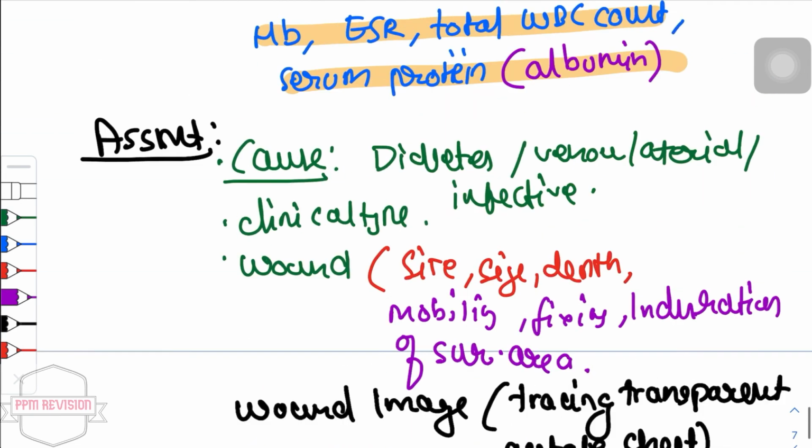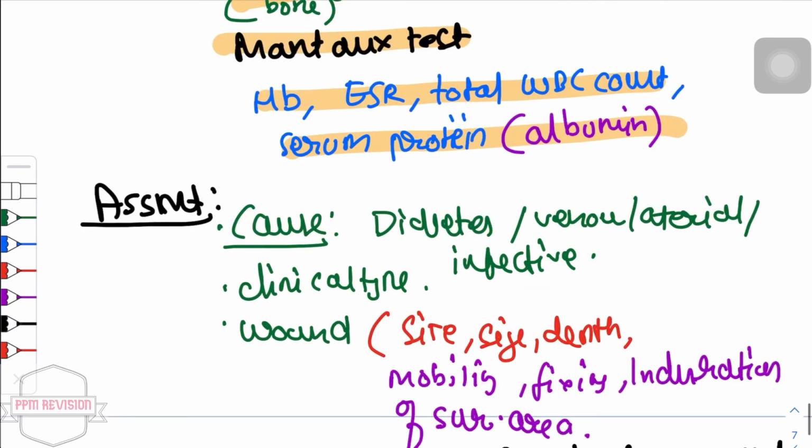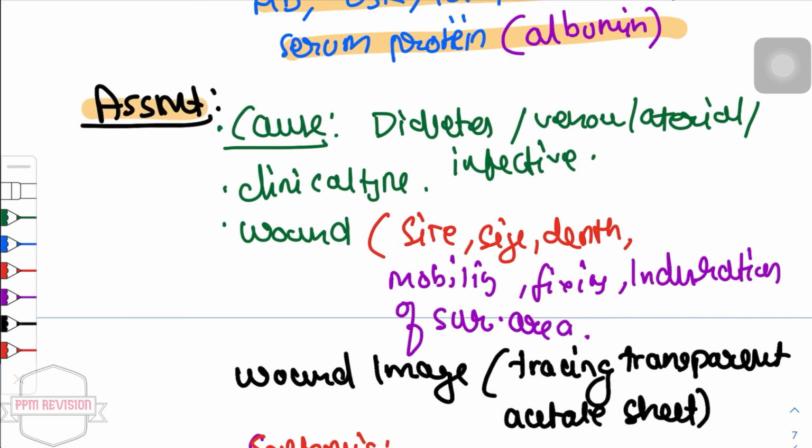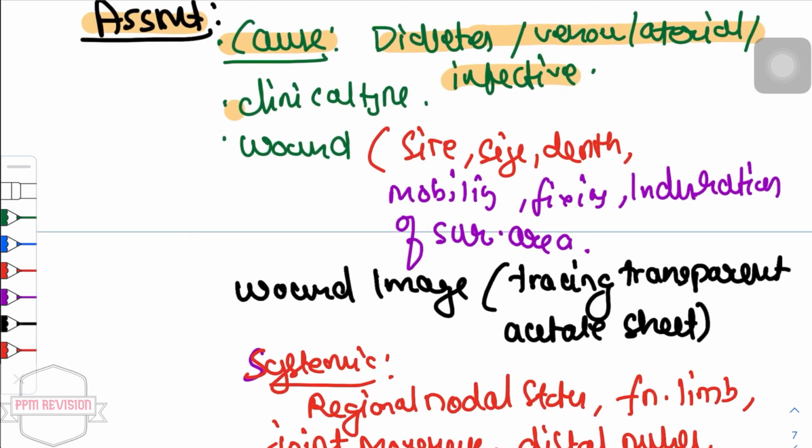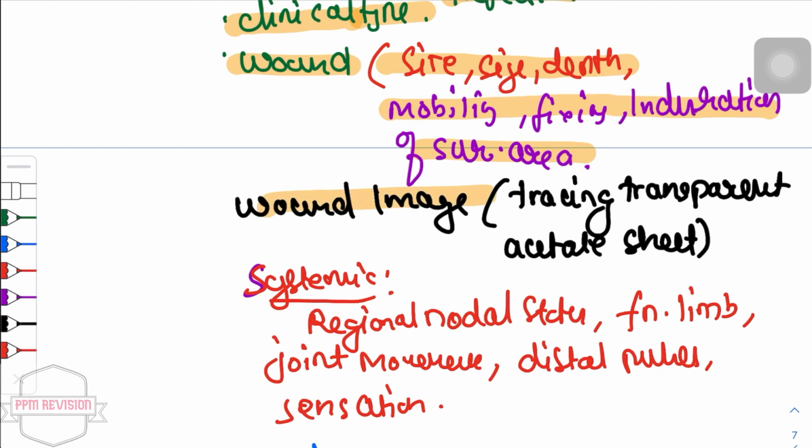So just to quickly summarize the assessment: firstly we go by the cause, knowing whether it is diabetic, venous, arterial, or infective, and then we look at the clinical type, and the wound assessment should be done by checking the site, size, depth of the ulcer, and also the mobility, fixity, and induration of the surrounding area. The wound image is produced by tracing on a transparent acetate sheet.